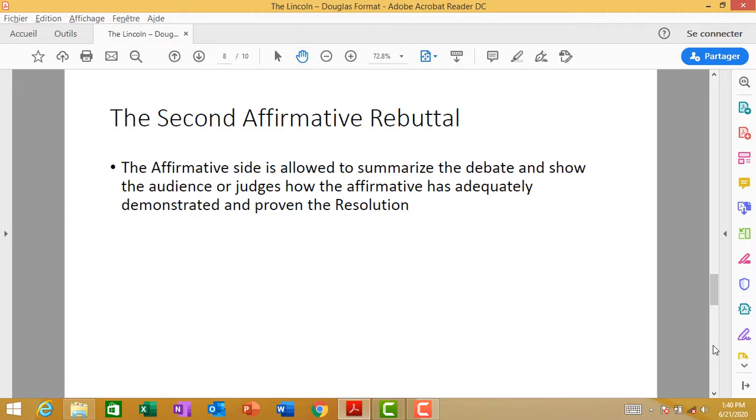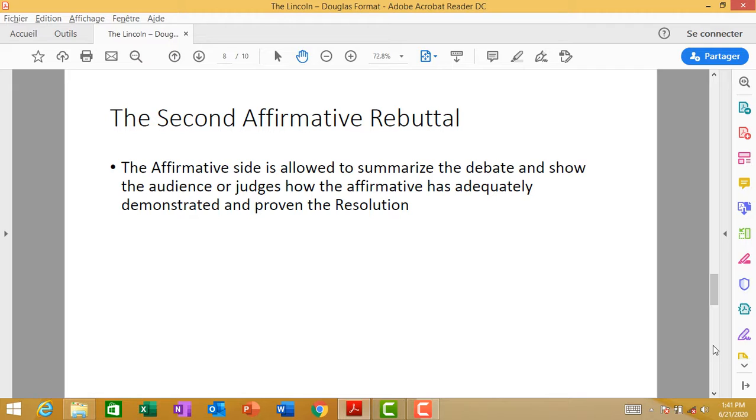The second affirmative rebuttal. You see, you have one constructive and then two rebuttal rounds. The affirmative side is allowed to summarize, but well, this is what I think is not fair about this type of debate, but I'm not here to judge.